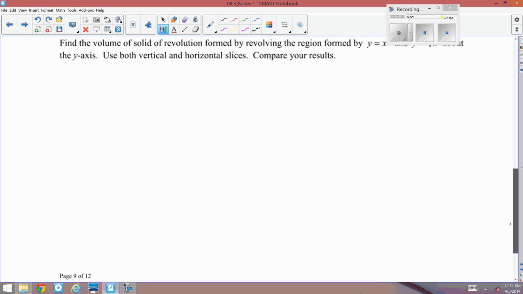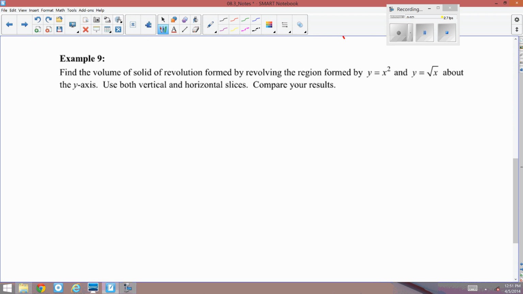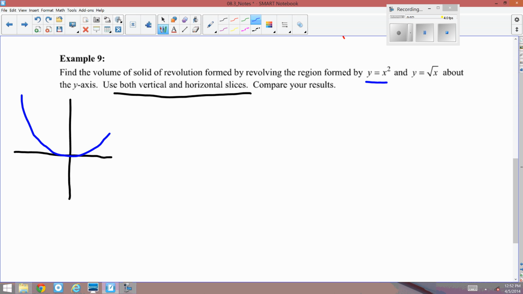Alright, example 9. Find the volume of this. Ooh, exciting one. Use both vertical and horizontal slices. Alright, x squared looks like this. Square root of x, something like that.